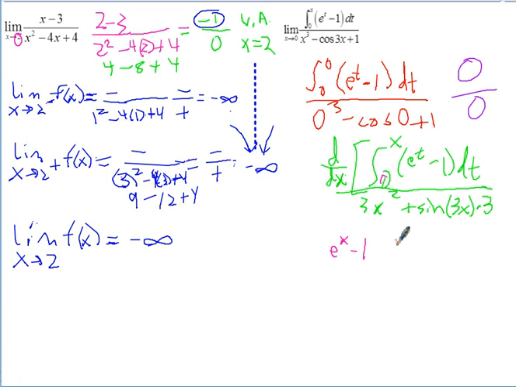And when you plug in 0 into that, you get e to the 0 minus 1, that's 1 minus 1 equals 0. And when you plug in 0 in the denominator, you get 3 times 0 squared plus the sine of 0 minus 3. So you also get 0 on the denominator.